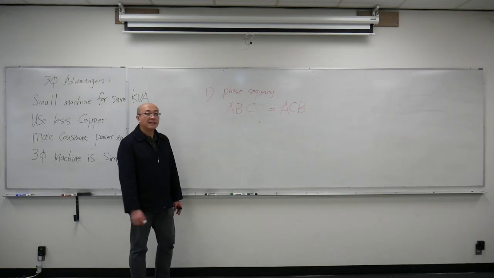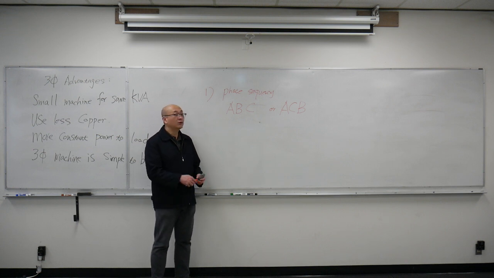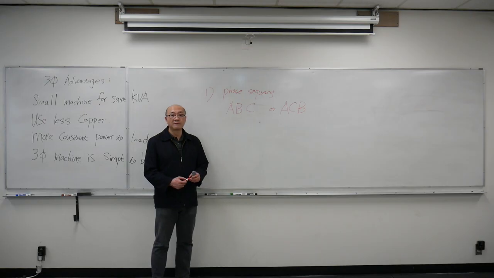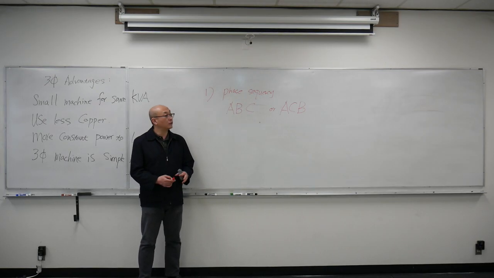When doing three-phase, we review the vector for a purpose. The vector is what we use to analyze a three-phase supply or three-phase load. So we draw vector diagrams to represent three-phase voltage or current.